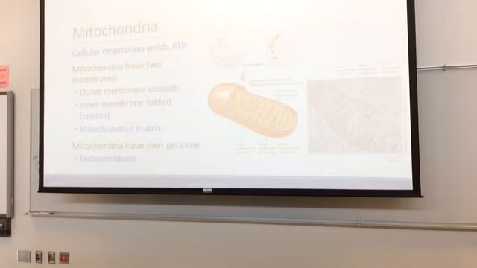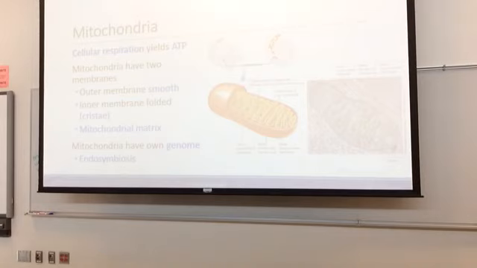And that process creates ATP. So cellular respiration is how we create ATP. The next descriptor says that the mitochondria has two membranes. It's got two phospholipid bilayers, which leads us to kind of wonder what's going on here, because it's one of two organelles that do.